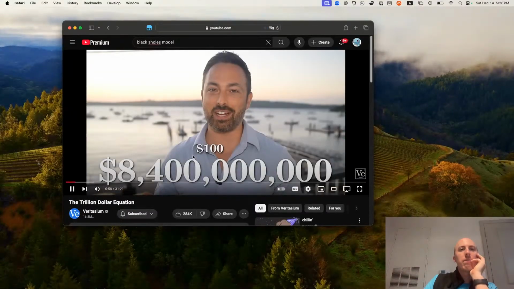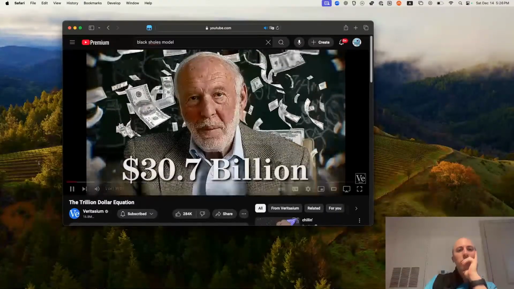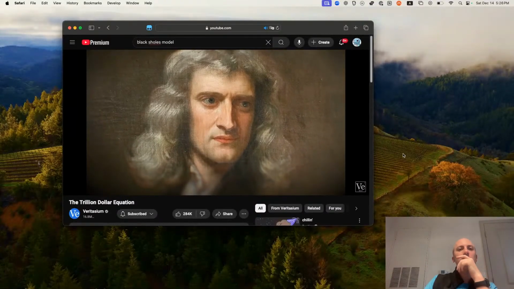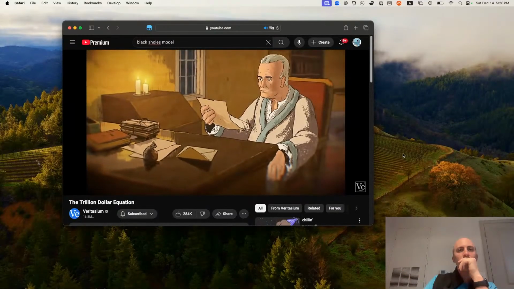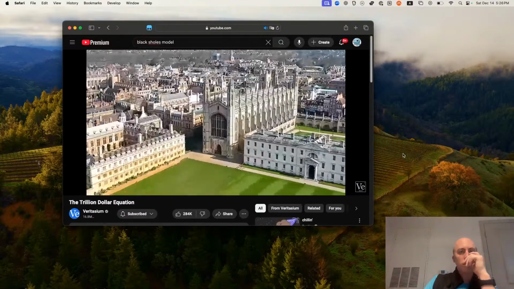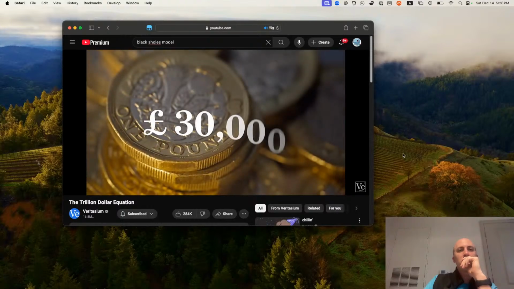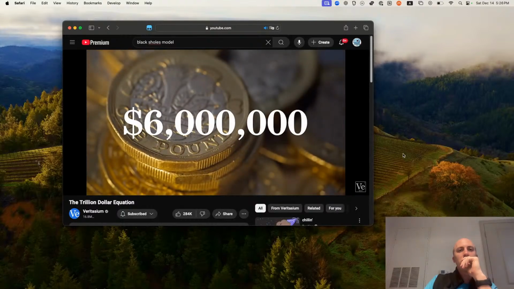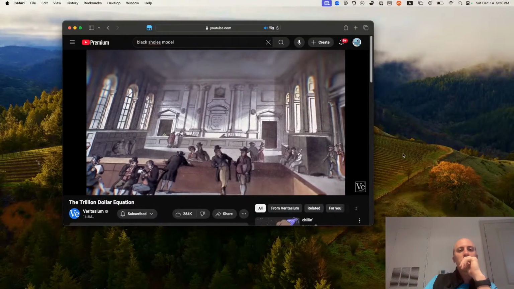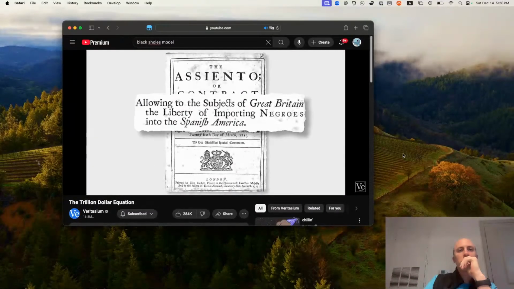This made Jim Simons easily the richest mathematician of all time. But being good at math doesn't guarantee success in financial markets. Just ask Isaac Newton. In 1720, Newton was 77 years old, and he was rich. He had made a lot of money working as a professor at Cambridge for decades, and he had a side hustle as the master of the Royal Mint. His net worth was £30,000, the equivalent of $6 million today. Now, to grow his fortune, Newton invested in stocks. One of his big bets was on the South Sea Company. Their business was shipping enslaved Africans across the Atlantic.